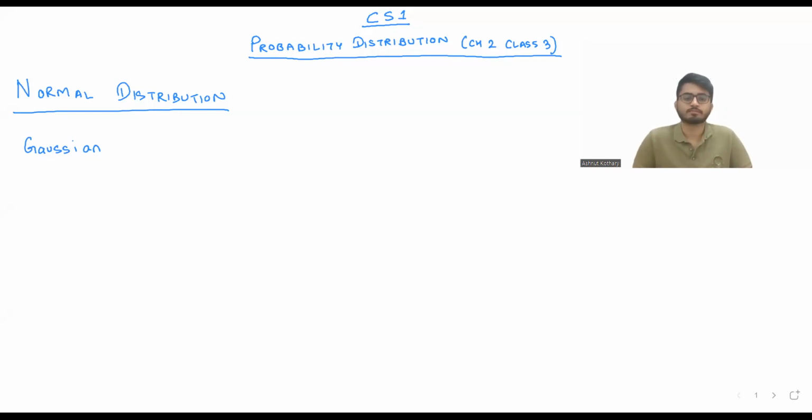Next point, it is a good model for the distribution of measurements that occur in practice, in a wide variety of different situations.